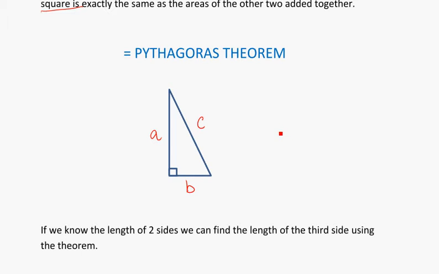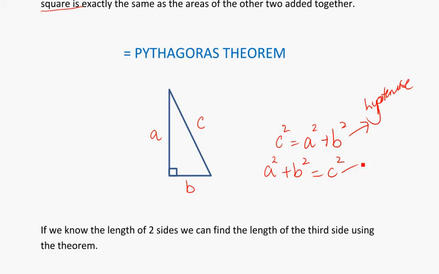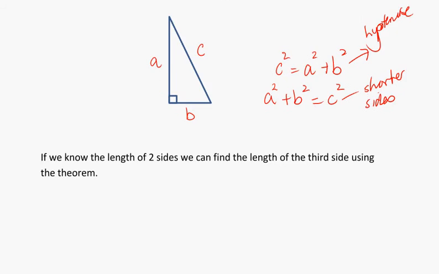And the theorem, you can write it as C squared equals A squared plus B squared, or you can turn it around and write it as A squared plus B squared equals C squared, depending on whether you're finding the hypotenuse, put it around that way, and if you're finding one of the shorter sides, have your formula around the other way. So it's very useful when you know two sides that you can find the third side.